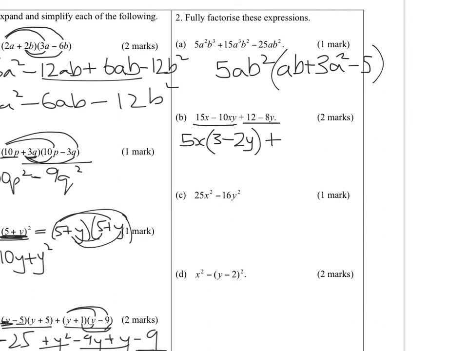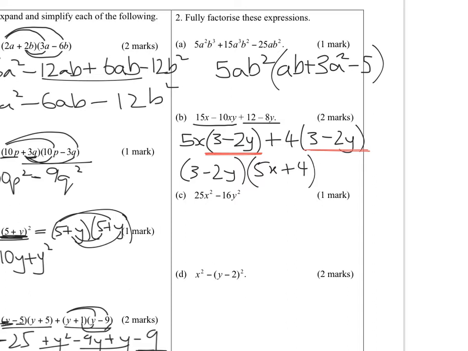Plus 12 and 8 is 4. 4 into 12 goes 3, minus 4 into 8 goes 2y. Now we can see here that we can still factorise again because we have a common factor. So that goes out the front. What's left? 5x plus 4.